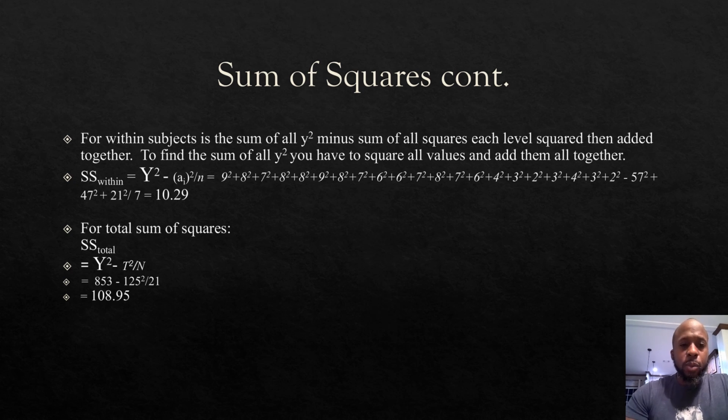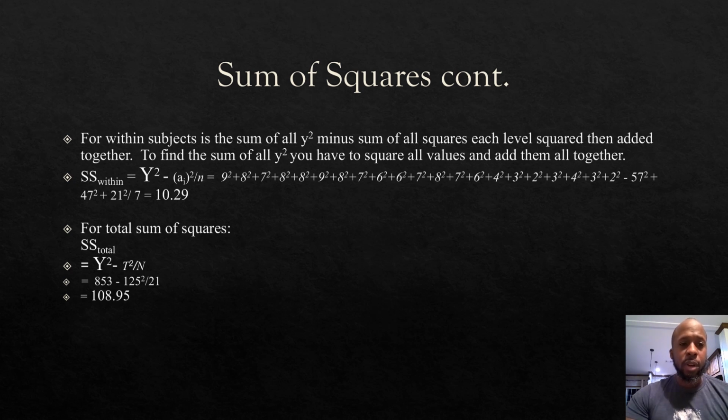For within subjects, we're going to have to find the sum of all y squared. So we already have the sum of all categories squared, which is 57 squared plus 47 squared plus 27 squared. So we're going to plug that into our equation and find y squared, which is all the values squared and added together. And when we work out this calculation, that's going to give us 10.29.